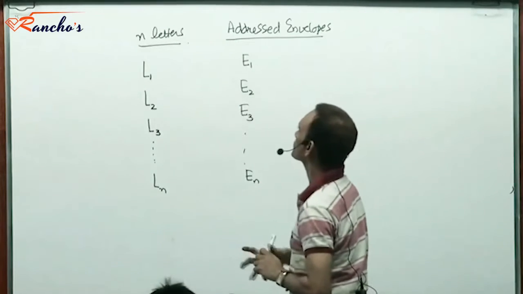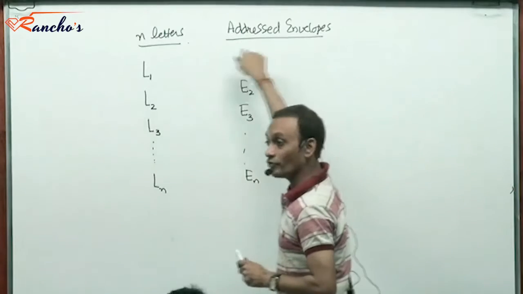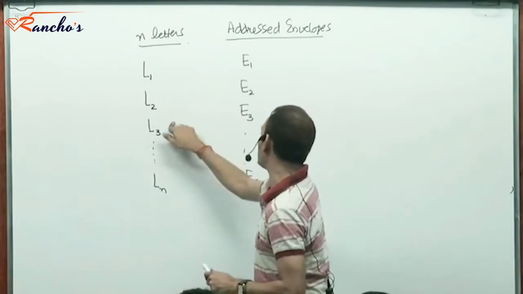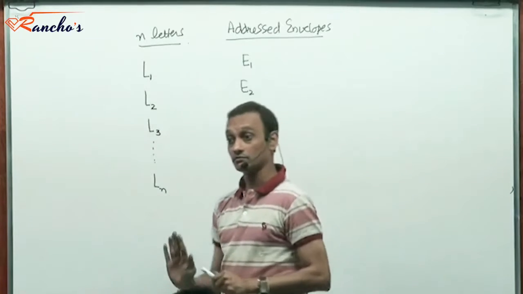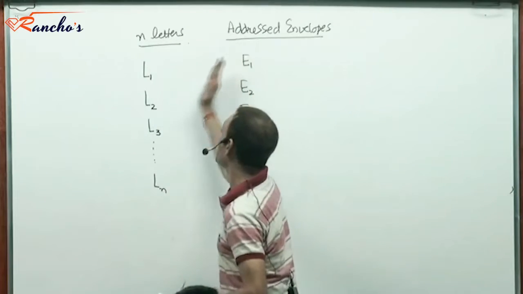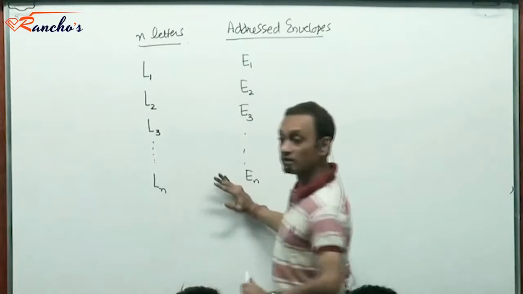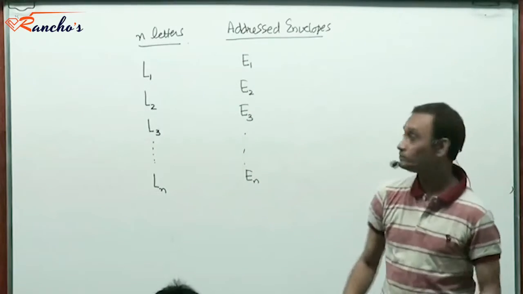That means E1 is the addressed envelope for L1, E2 is the addressed envelope for L2, E3 for L3, En for Ln. That means L1 is supposed to go in E1, L2 is supposed to go into E2, L3 into E3, Ln into En. Right?